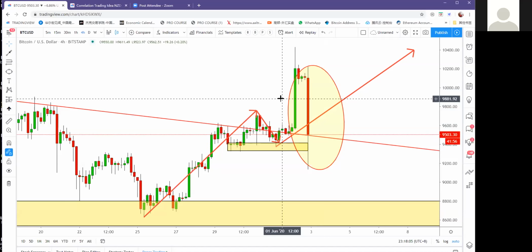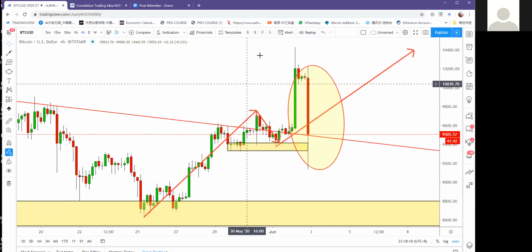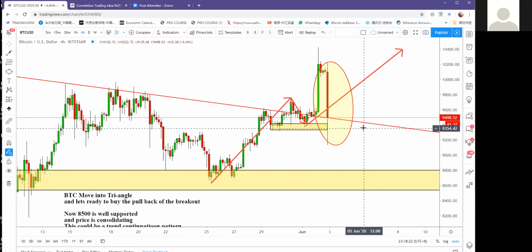So it could be manipulated by those big players. Like, I have a lot of Bitcoin and we just push it down, sell it very quickly. So the price will be more fluctuating, more volatile than the common product.